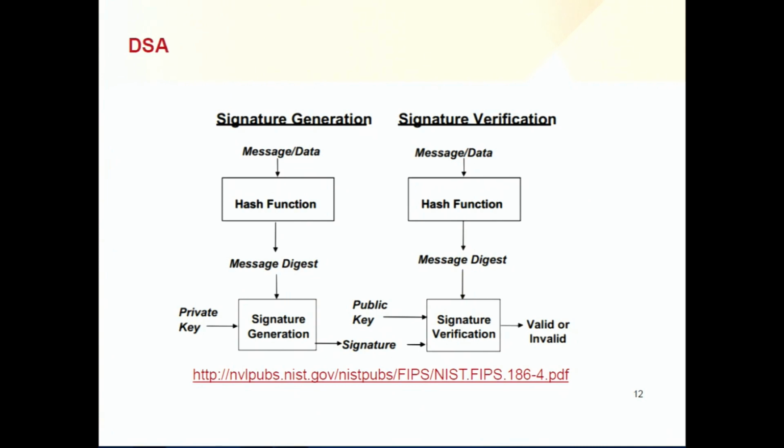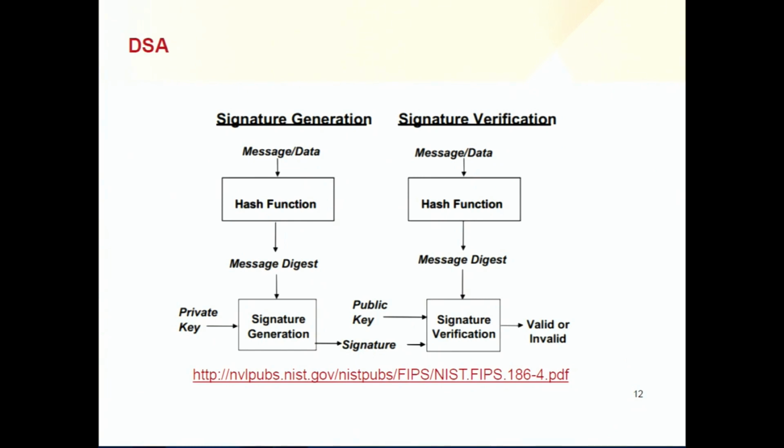Now, this goes over to the other side, to Alice. She takes the message data that she's decrypted, puts it through the same hash function, gets out a message digest, and then uses my public key to decrypt this signature.